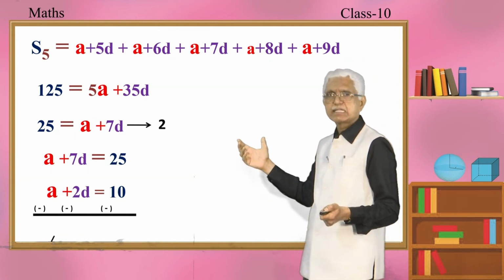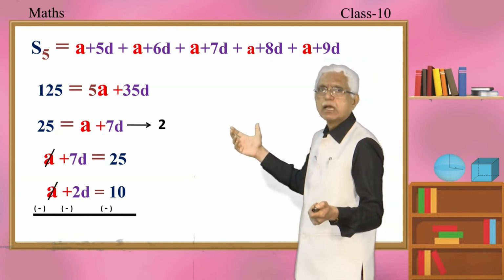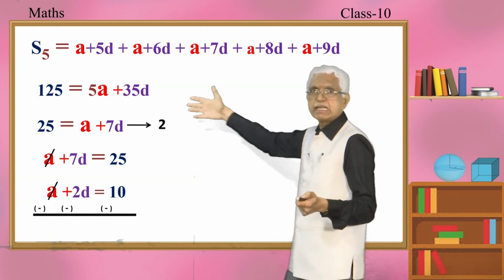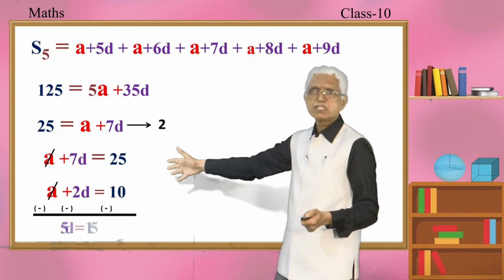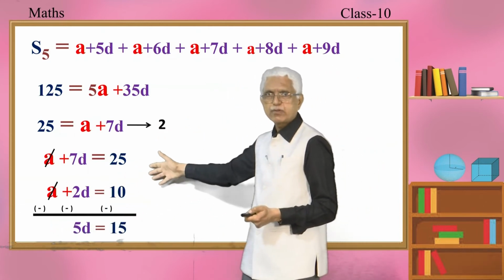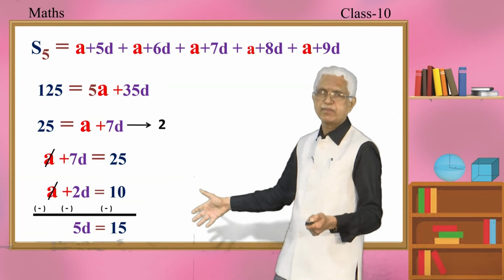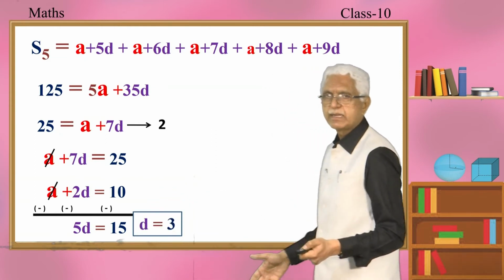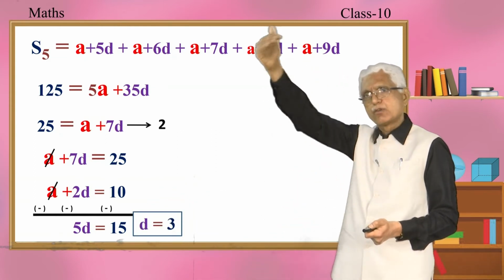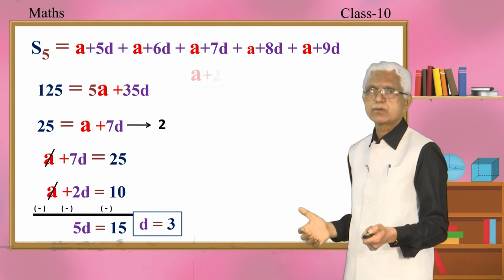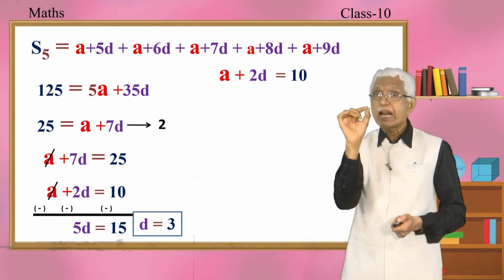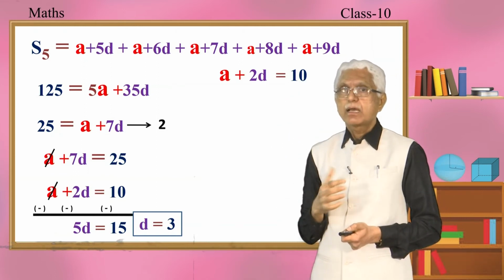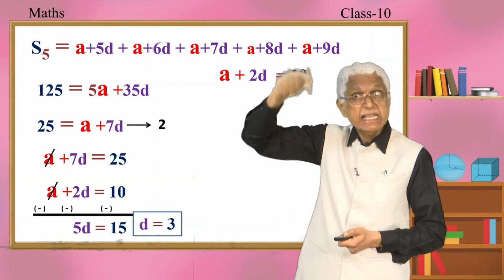A and A get cancelled, please watch here, and you have 7D minus 2D, which is nothing but 5D, and you have 25 minus 10, which is nothing but 15. 5D is equal to 15, and simplification, D is equal to 15 by 5, D is equal to 3. So, you got the value of D as 3. Now, remember I have to write the AP, no?